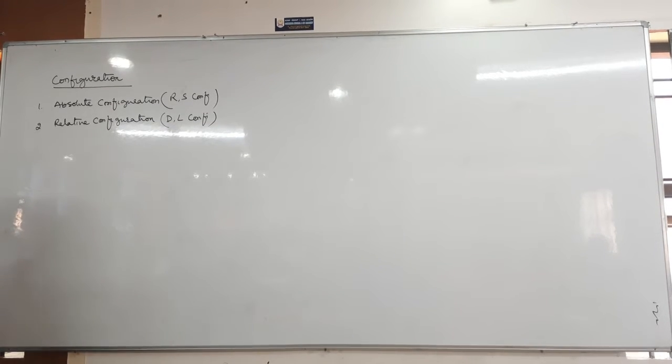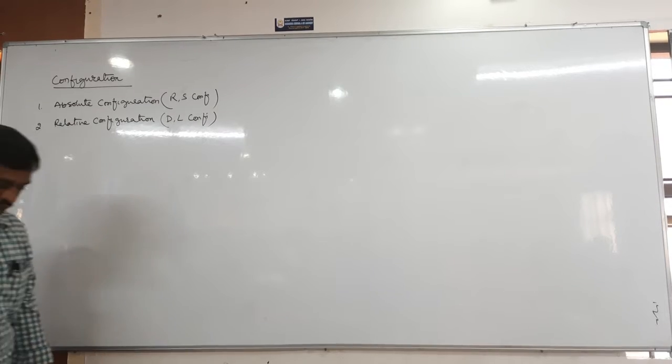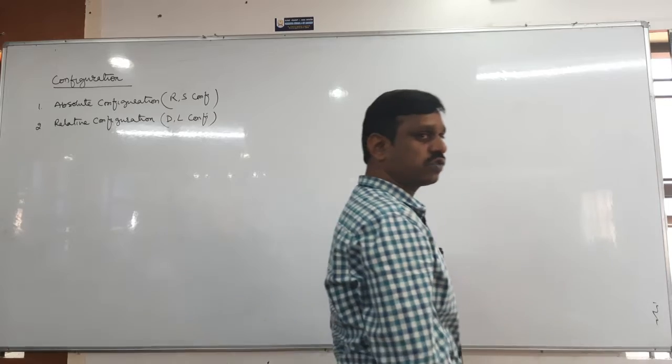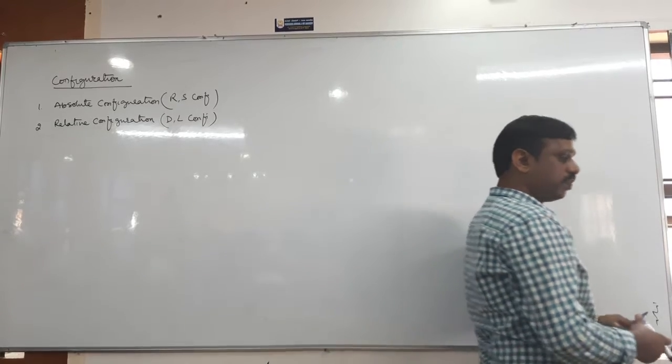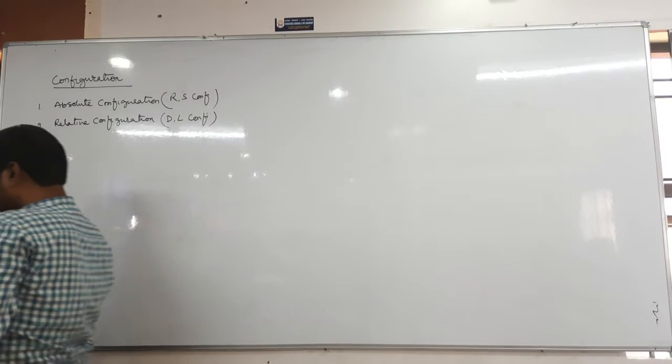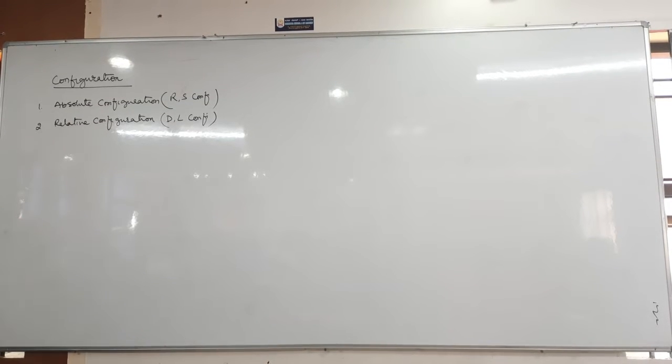Write down first. Configuration: the spatial arrangement of atoms or group of atoms around the asymmetric carbon is called configuration.